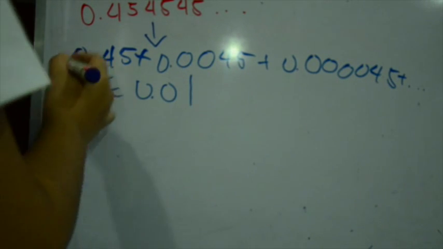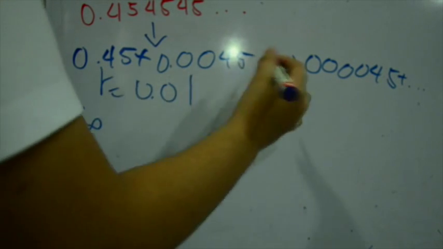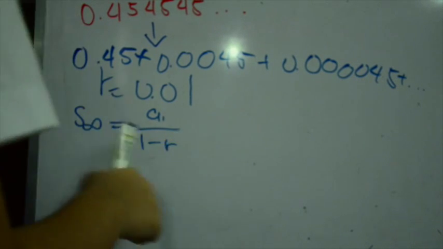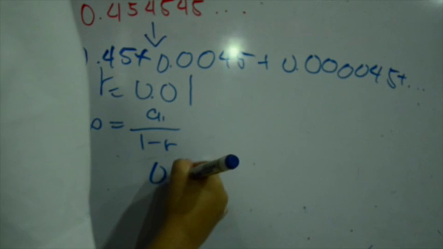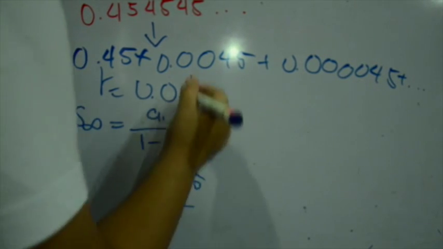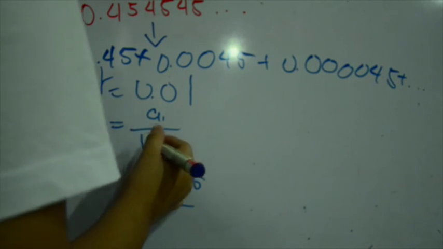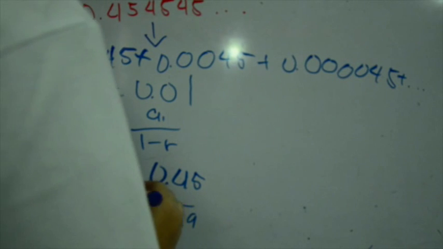Now, we need to find the value of this, so we're going to find the sum of these terms, in which we're going to substitute it again into this kind of equation. Since our a sub 1 is 0.45 and our r is equal to 0.01, we have to subtract it from 1, which is equal to 0.99.